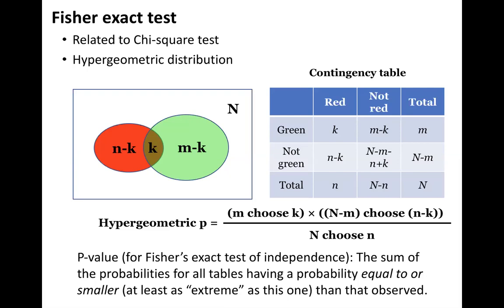So first, within the green, the number of ways you can choose K genes is M choose K. And outside the green, those n minus K genes is N minus M choose n minus K. But in total, there are how many ways you can choose n genes from this entire genome background? It's N choose n.